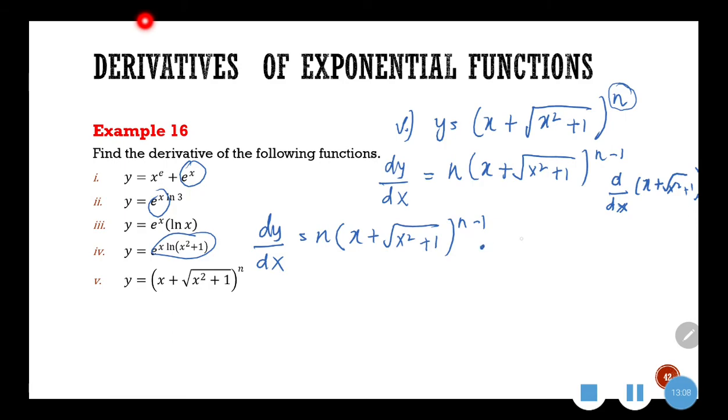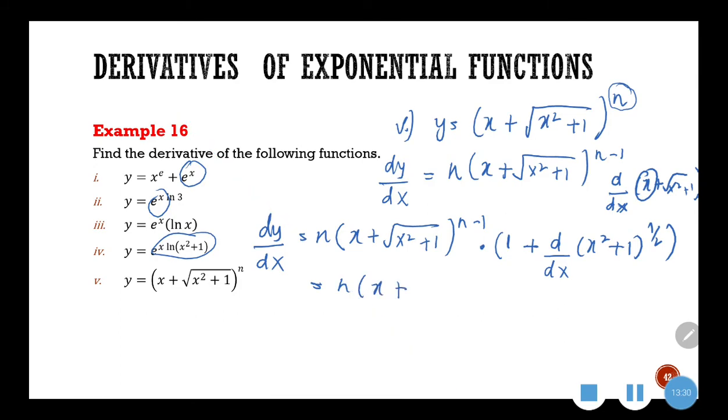Differentiate x ni tak ada masalah, you get 1. Tambah dengan yang ada masalah sikit pun, d dx of x squared plus 1 power of half kat sini. Okay, so but then I think you can solve it sepatutnya lah.